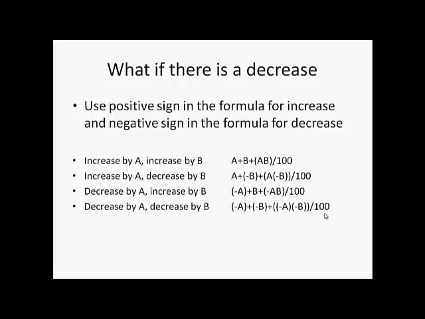If both A and B are decreasing percentages, then we use both A and B in the form of their negative values. This exact same formula will work for any combination of increase and decrease. All you have to remember is keep in mind an increase is a positive value, a decrease is a negative value.